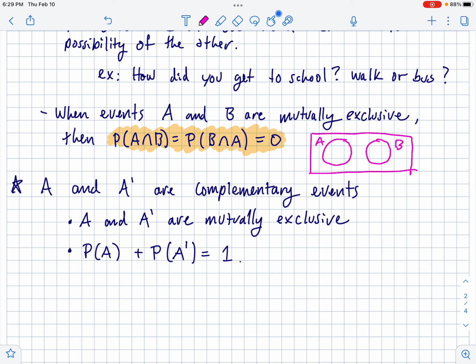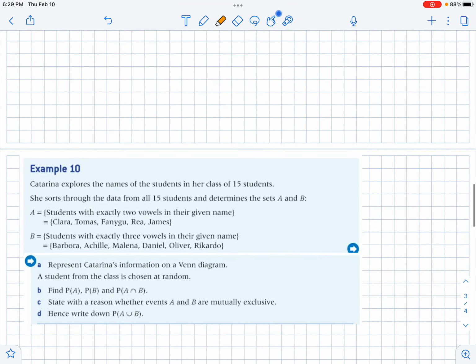It's either A or not A. If you take the probability of A and then add the probability of not A, you will get the entire sample space, which is 1. It's like the probability of something happening plus the probability of something not happening is 100%. It's the entire sample space.